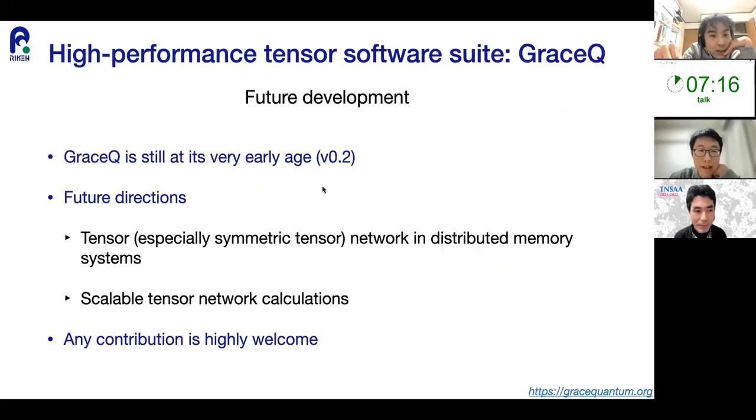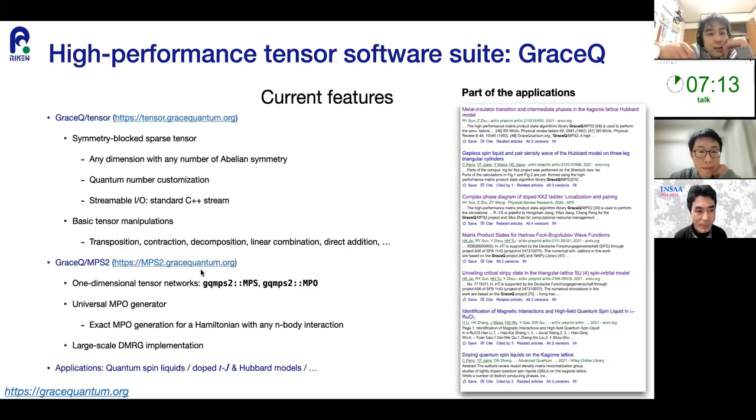Is it possible to develop the PEPS algorithm based on that? Yes, you can develop them, since we pay more attention to the performance of the lower-level tensor.